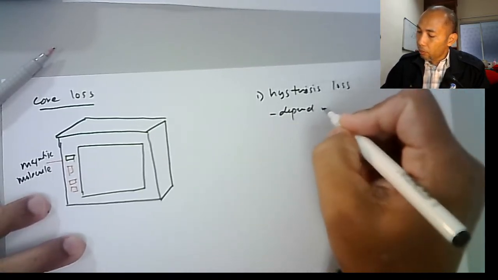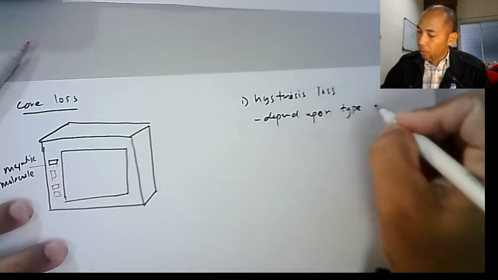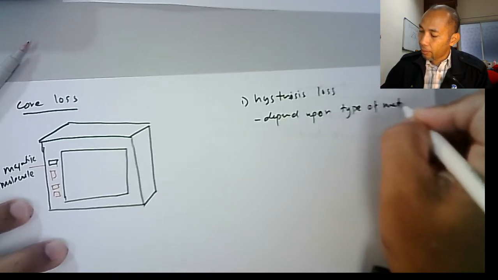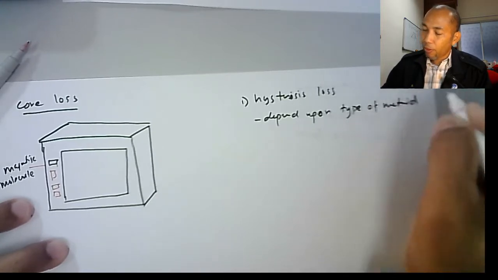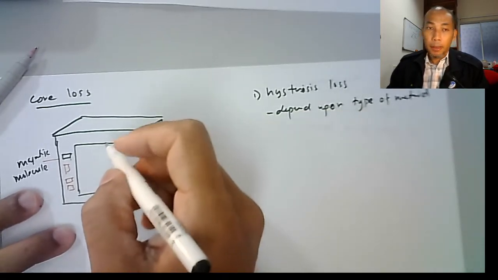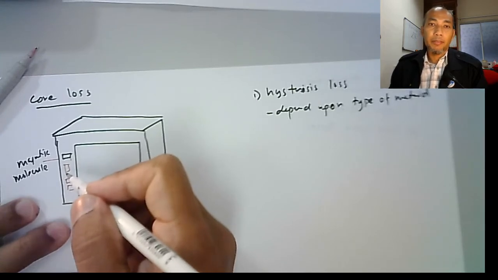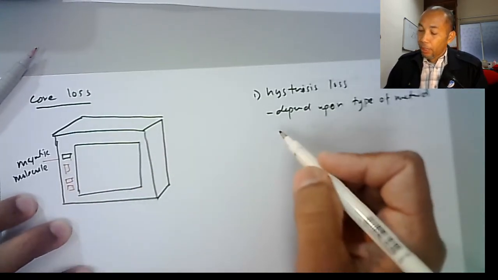These losses depend on the type of material due to magnetizing and demagnetizing. How to minimize it?